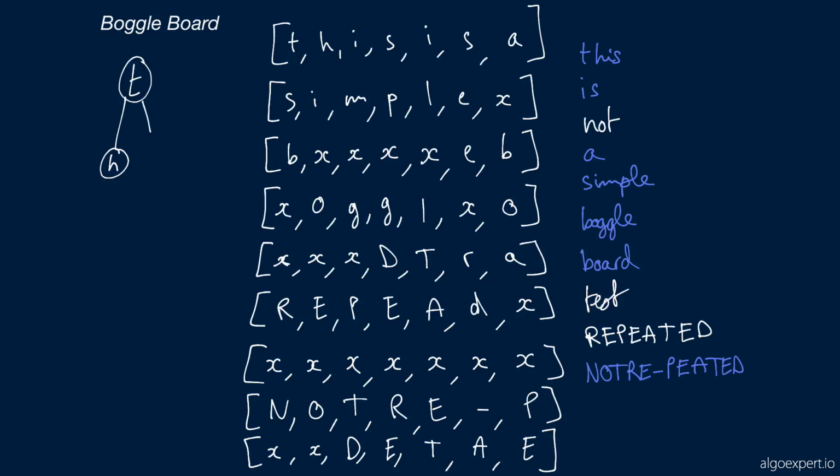Then this would point to an I, this would point to an S, this would point to an S, and this would point to a T. And then here, since we would have the end of two words, both of these nodes would point to an asterisk or some kind of end symbol denoting the fact that we've got a full string here.